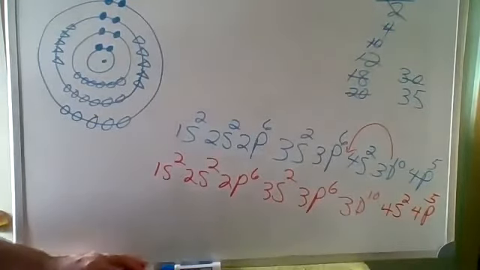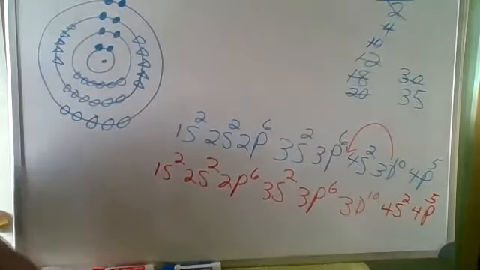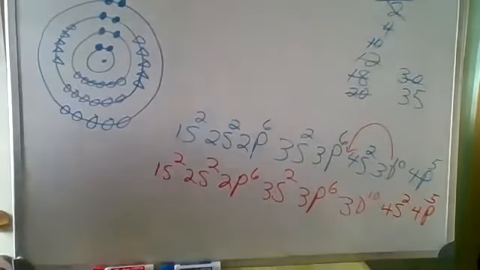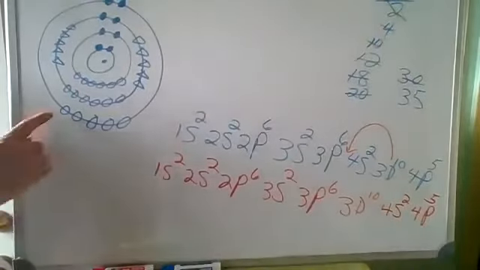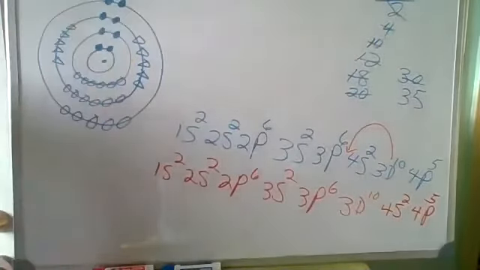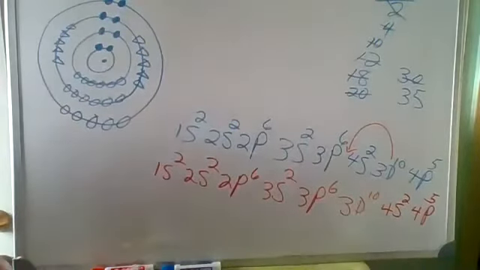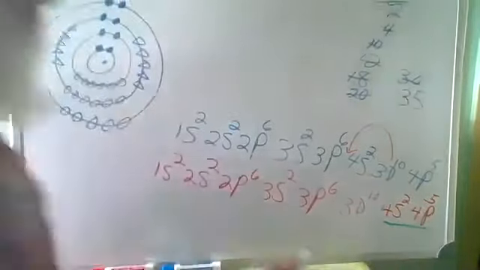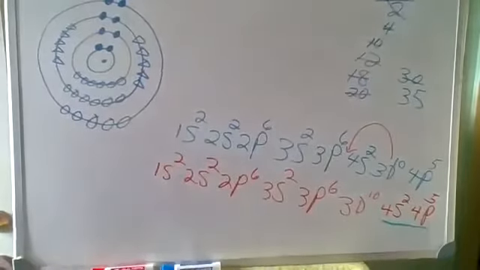We should also check valence electrons. We're drawing a halogen on the 4th ring, so I should have 7 valence electrons on the 4th ring. Down here, I'm going to underline my highest period number. There they are, 7 valence electrons.